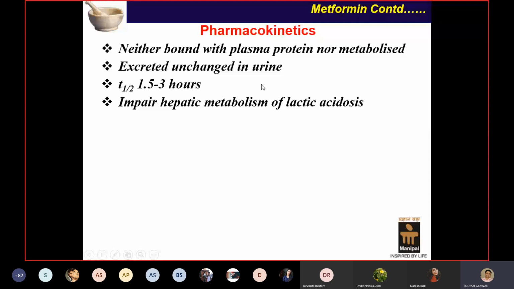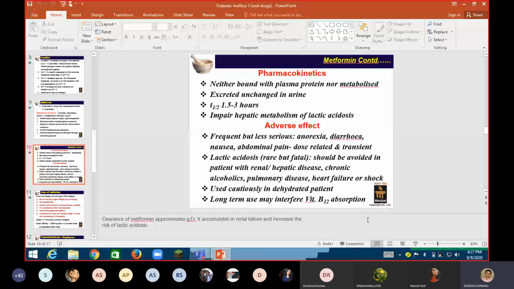Because metformin is not metabolized, it is excreted unchanged in urine. If the kidney is not working properly, what will happen to the metformin concentration in the body? Increases. Sorry?